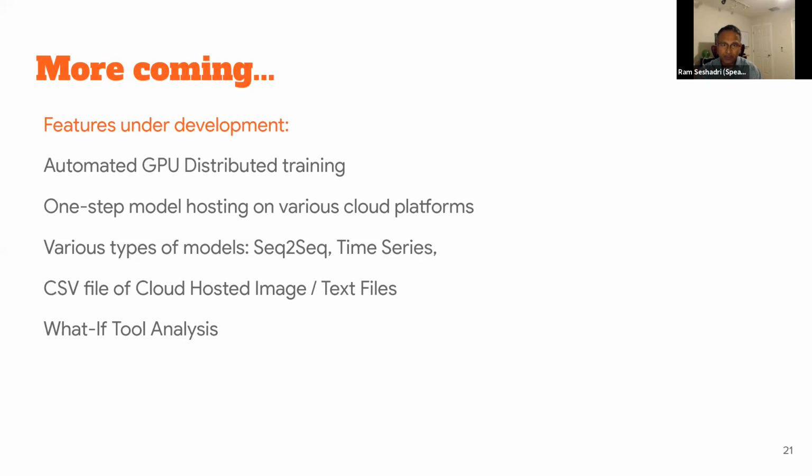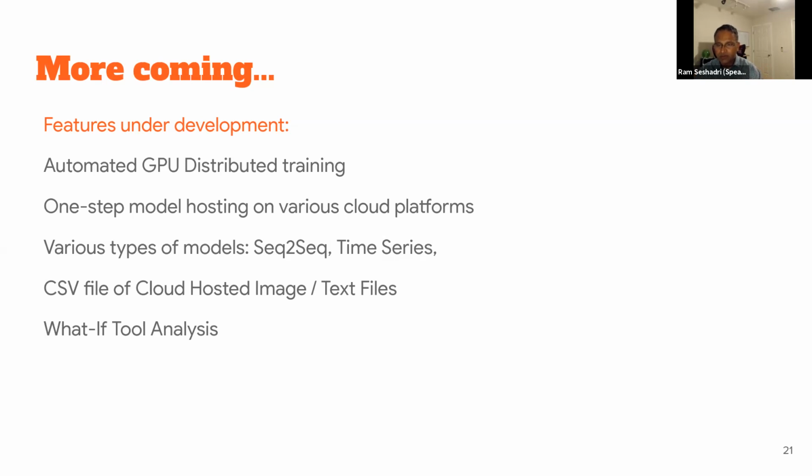I also want to build some different types of models, like sequence to sequence models, time series models, and maybe there are other types of models that you want to recommend. I can do those. And I want you to be able to give a CSV file for cloud-hosted data. Suppose you have images or text stored in Google Cloud.